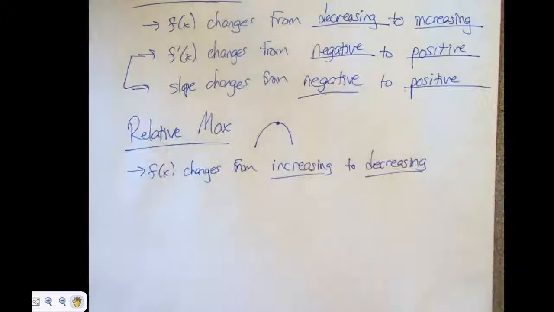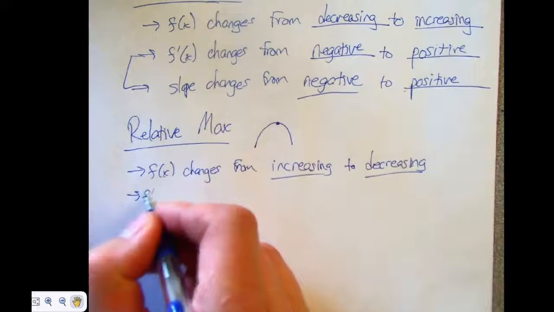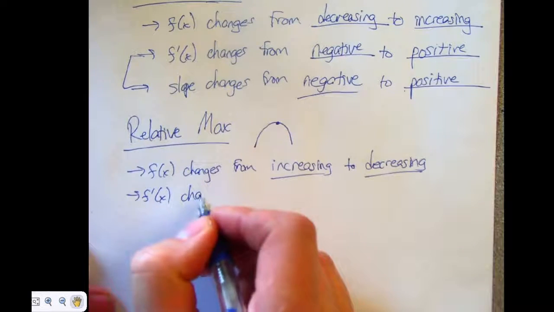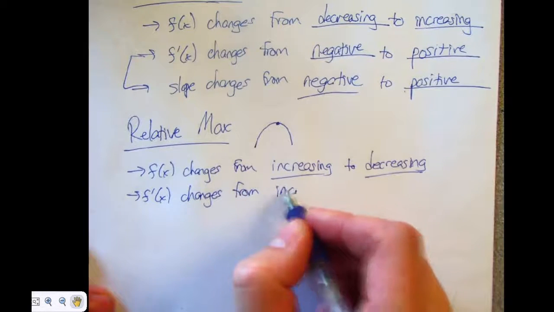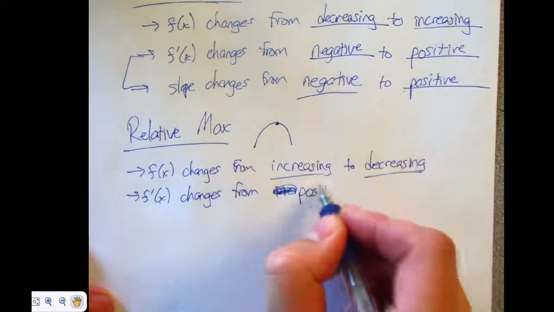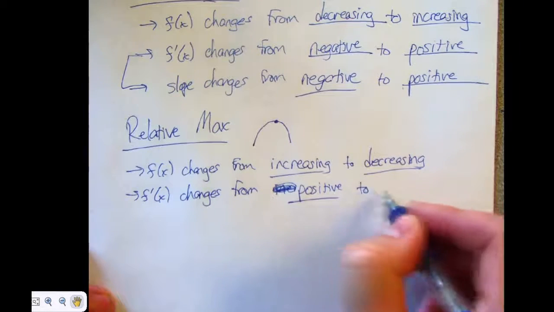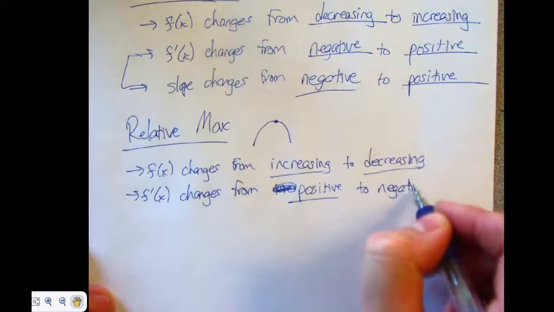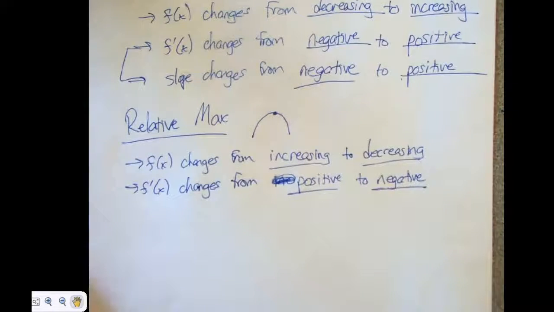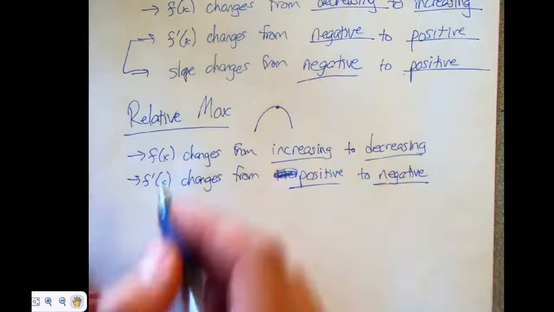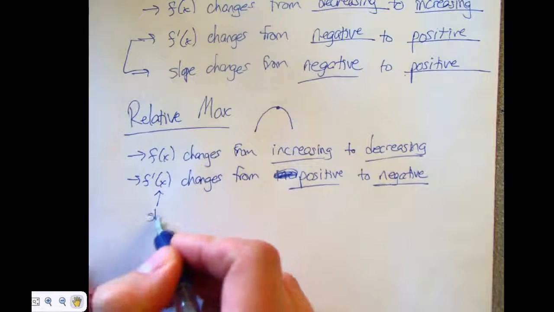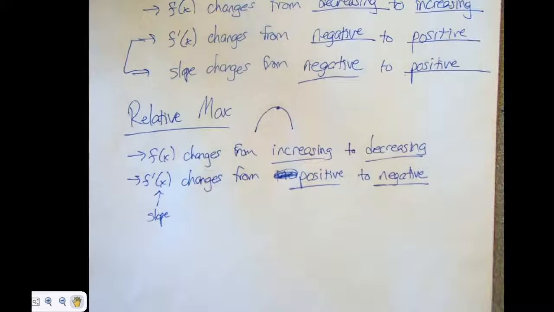So f prime changed from this to this. And then what's another word for f prime? Slope. I don't really want to rewrite that whole thing. Is that okay? Okay. Question on this part?